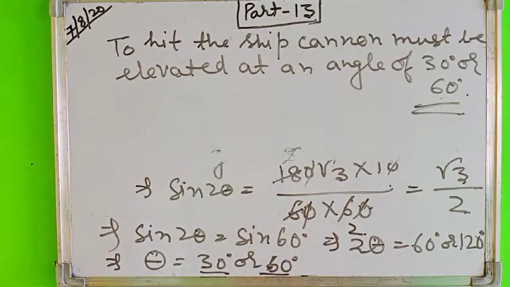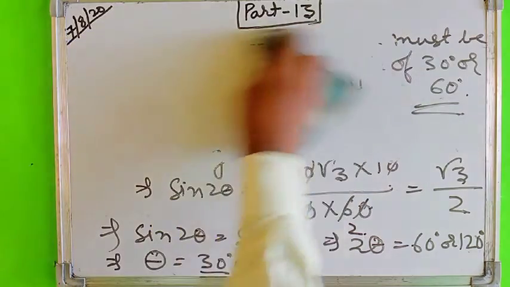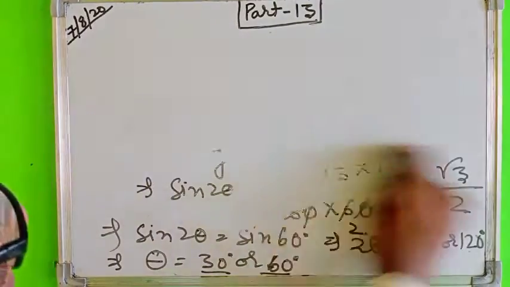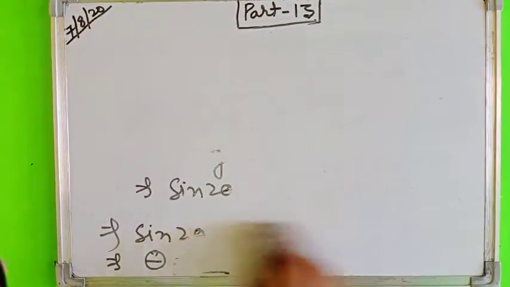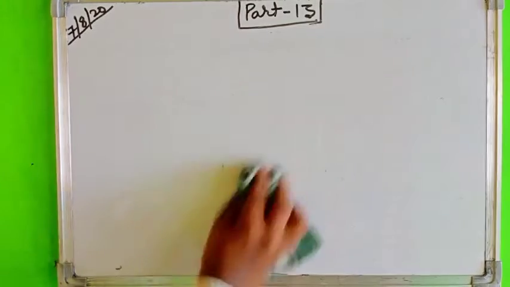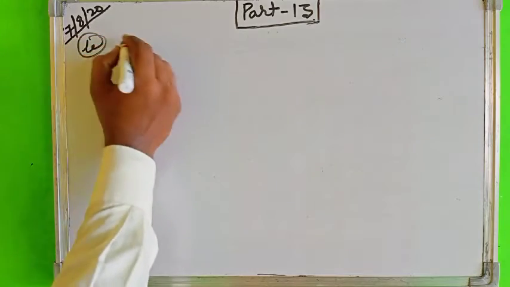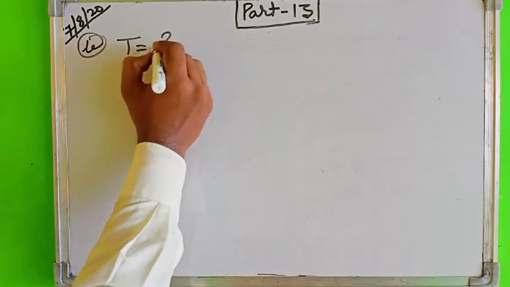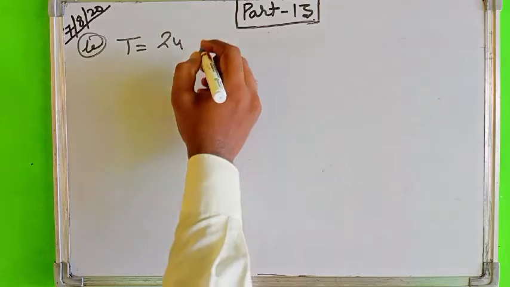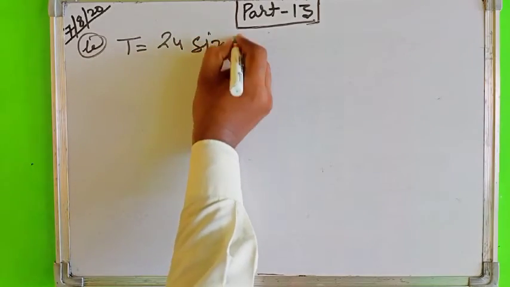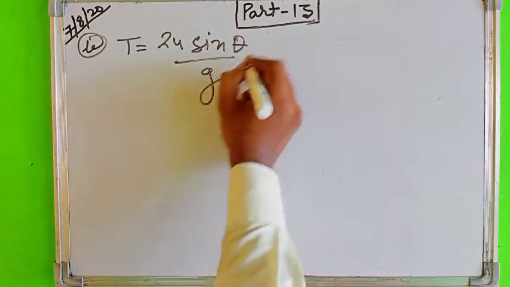Both the time of flights we can calculate by using the formula T is equal to 2u sine theta upon g.